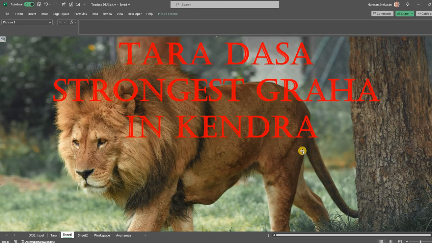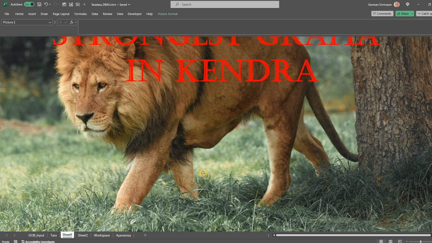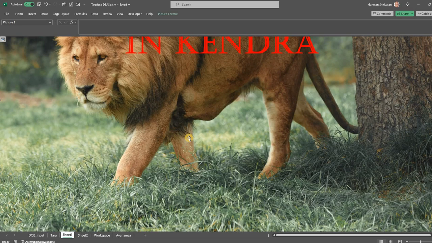The idea here is Tara Dasha is based upon the strongest Graha that is in Kendra. The Kendras, as you know, are the first house, the fourth, the seventh and the tenth. The four Kendras of a horoscope give power to the horoscope. The more planets in Kendras, the stronger the horoscope itself is.